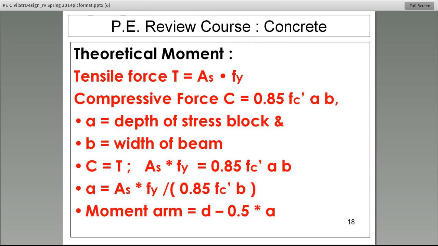Now, this is slide 18. Everything I said to you, we're going to put in practice. We're going to do an actual problem, and you're going to help me with it. But this slide 18 basically goes through what I explained to you and also tells you the process of what we need to do in order to find the magnitude of that nominal moment.